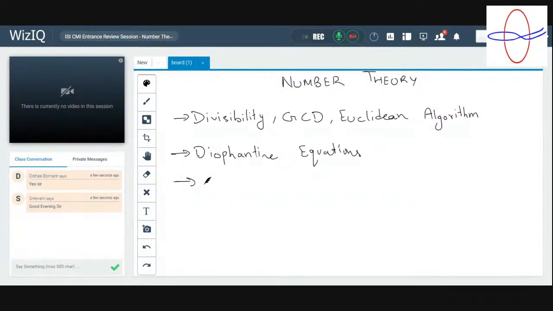We will look at the fundamental theorem of arithmetic, so FTA. You can thank Gauss for that, like a lot of other things. We'll look at linear congruence. So this will include stuff like your Chinese remainder theorem as well.